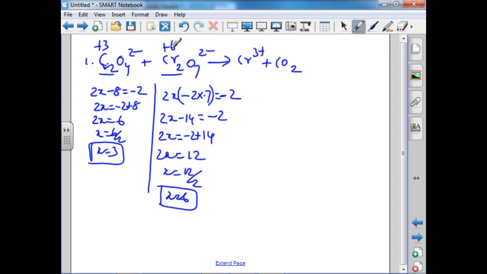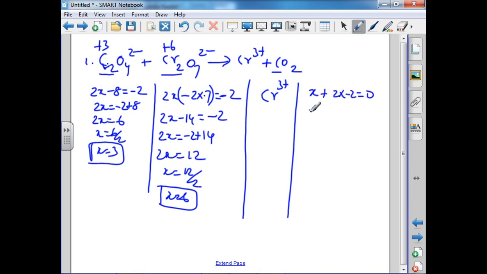So plus 6 is the oxidation state of chromium in Cr2O7 2-. The next one is Cr3+, already given in the problem. Finally, the carbon in CO2: x plus 2 into minus 2 equals 0, x minus 4 equals 0, x equals plus 4. So plus 4 is the oxidation state of carbon in carbon dioxide.